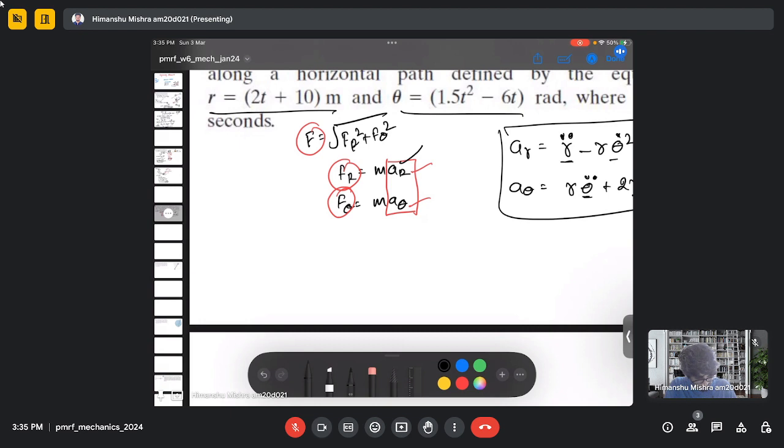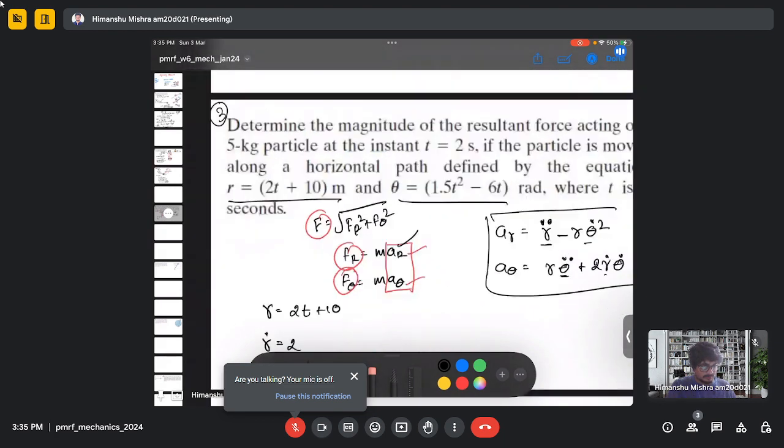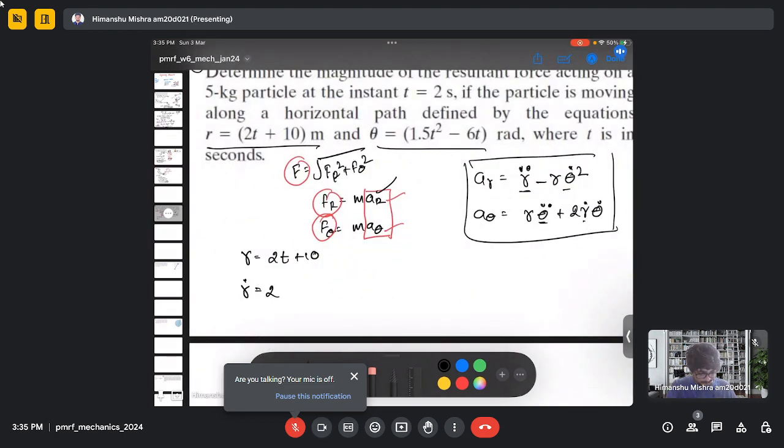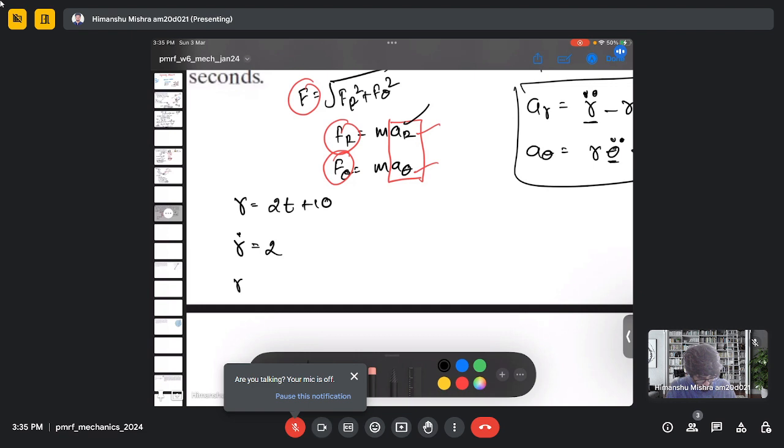My r is 2t plus 10, so my r dot will be 2. Here dot means I am taking the derivative with respect to time. My r double dot will be 0.